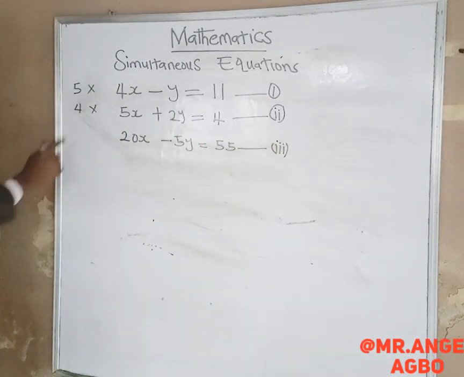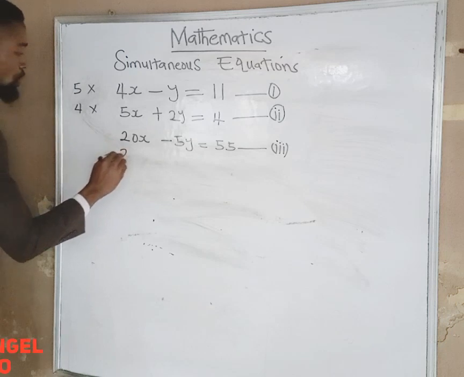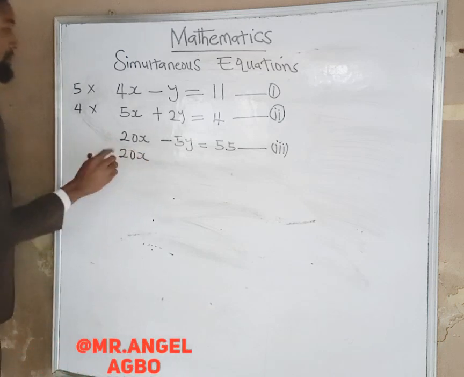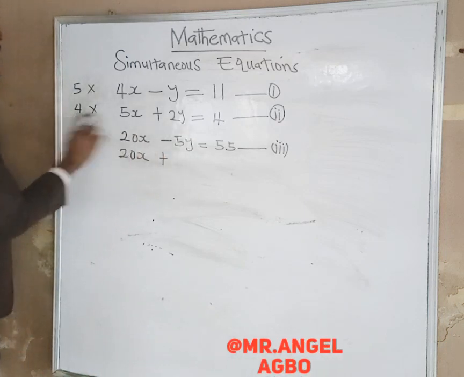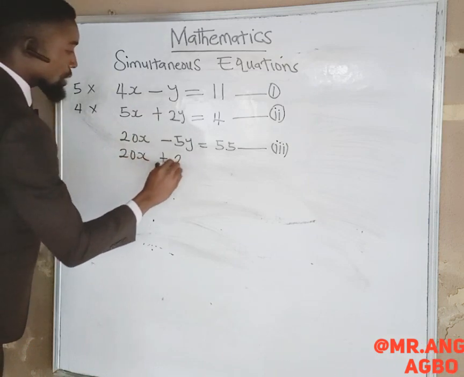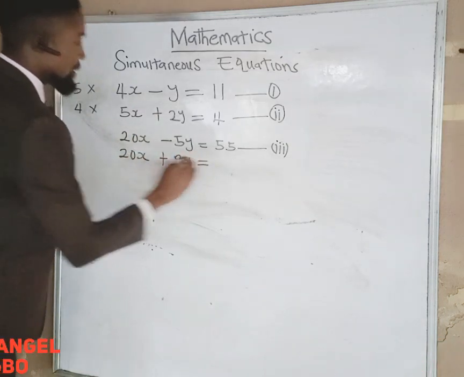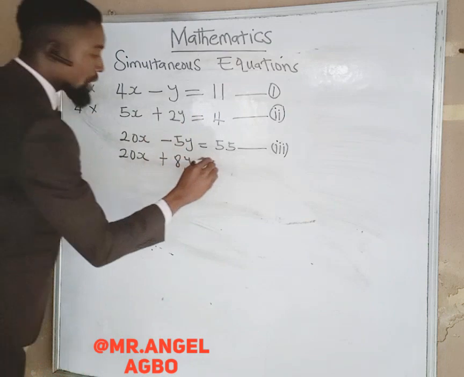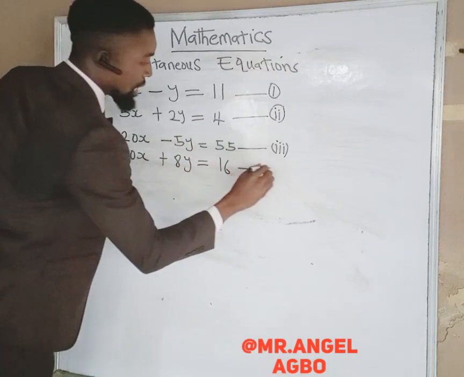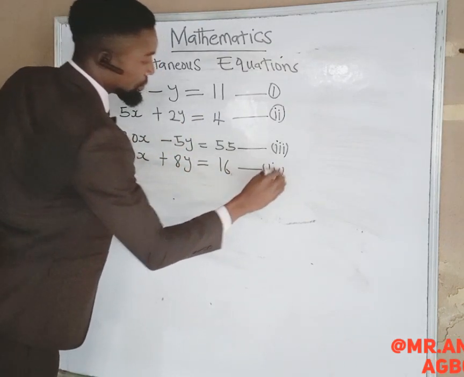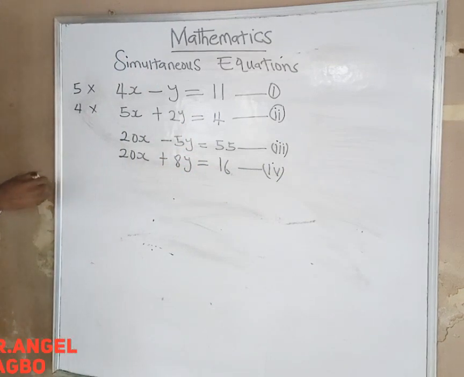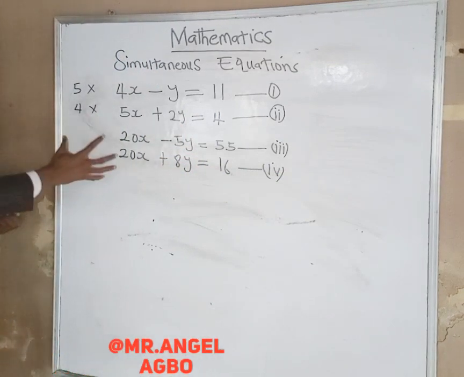In equation 2, 4 times 5 will give us 20x plus 4 times 2y will give us 8y. 4 times 4 will give us 16. We call this one equation 4. So the next thing we're going to do is to eliminate one variable.